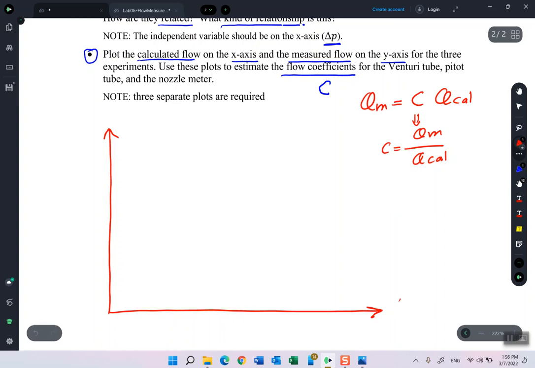But in this case, the Q calculated will be on the x-axis, Q measured will be on the y-axis. And just for the sake of example, let's say that we have 10 trials, not only 3, okay?